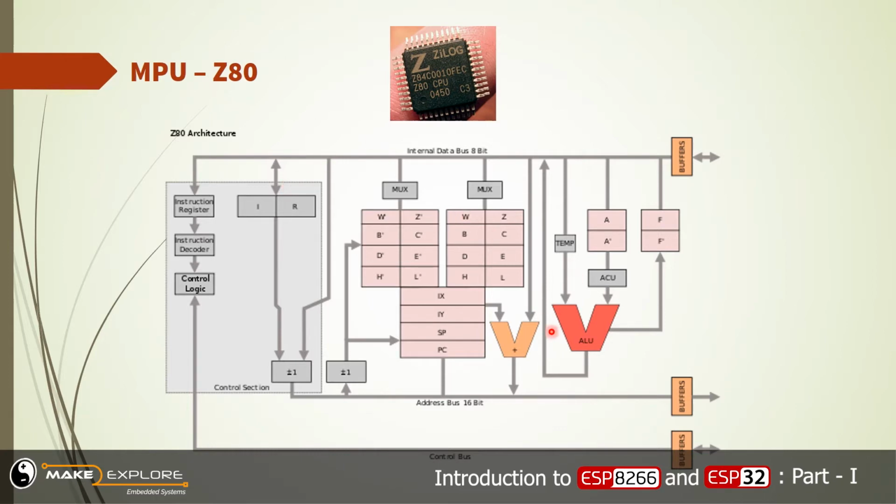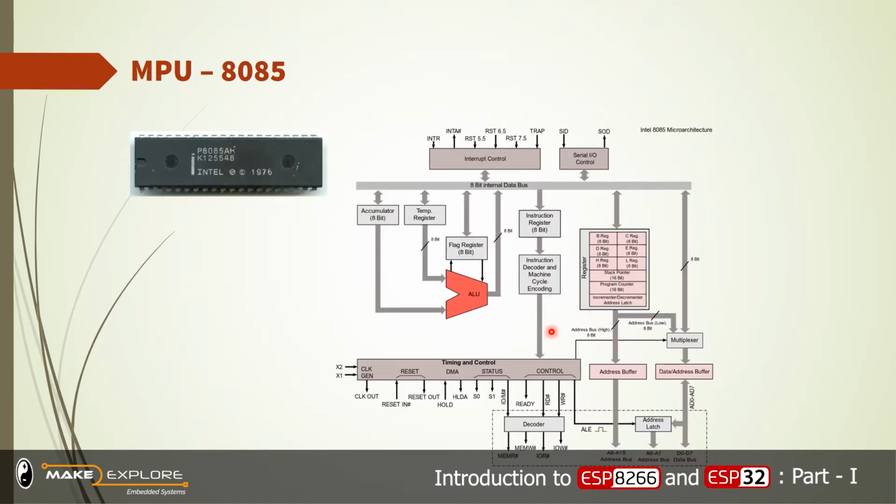Another example of a microprocessor is the 8085, which was very popular in the 80s and 90s. You can see its architecture here, where there is an ALU, flag register and accumulator, instruction register, instruction decoder, timing and control block, and decoder.